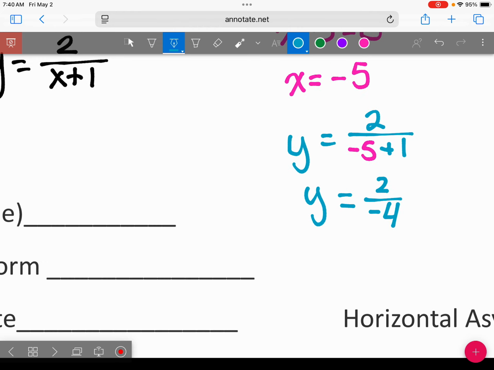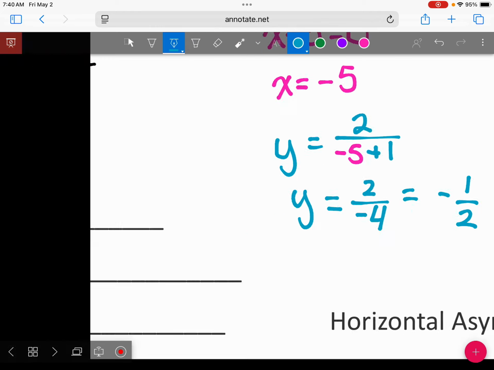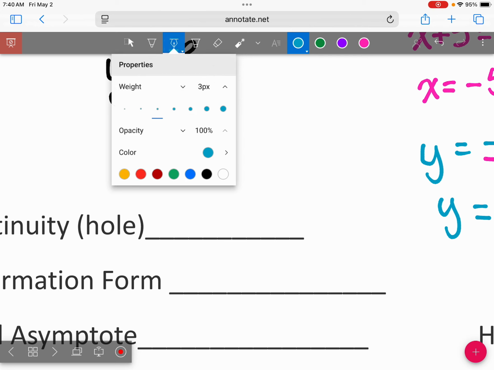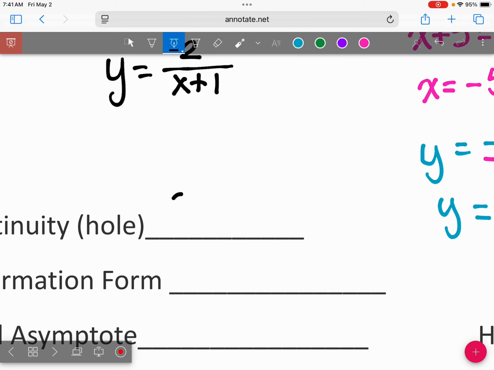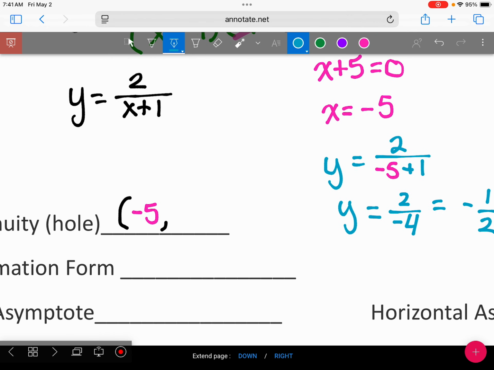So we have 2 over -4. What's 2 over -4? 1/2. We're going to have our -1/2. So our discontinuity is going to happen at the point -5, -1/2.